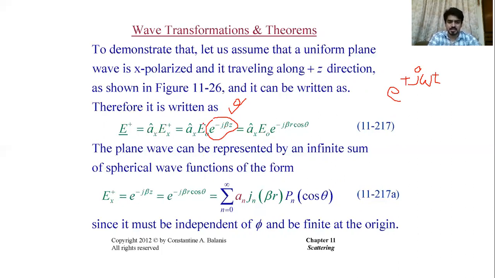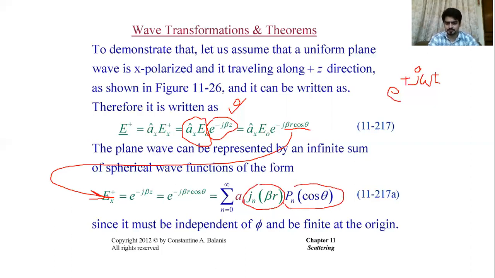Also, the E field is directed in the positive x direction. Now we can convert that beta z into beta r cosine theta by taking a projection. That is a straightforward thing. And once we have that, we can write it in terms of an infinite summation of spherical Bessel functions and Legendre polynomials.